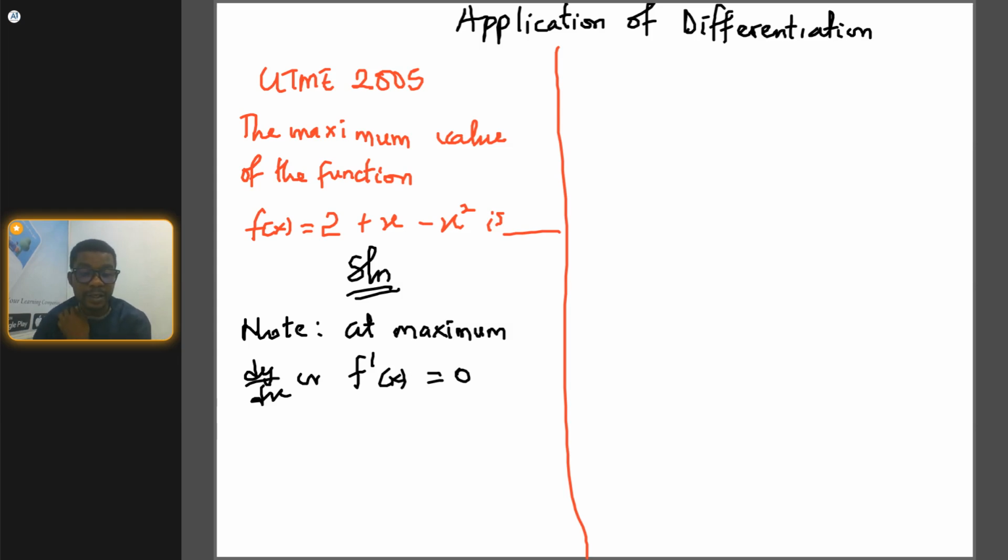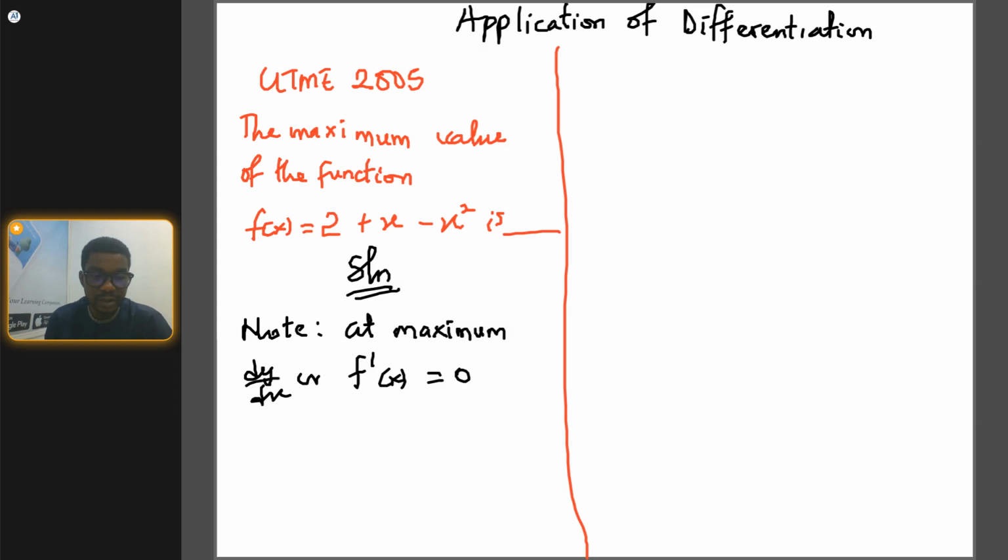The dy/dx, or f prime x, is the same thing as derivative. It's the same thing as differentiation. So what we are saying is that when we differentiate it, we are to equate it to 0. The differentiation has to be equated to 0.